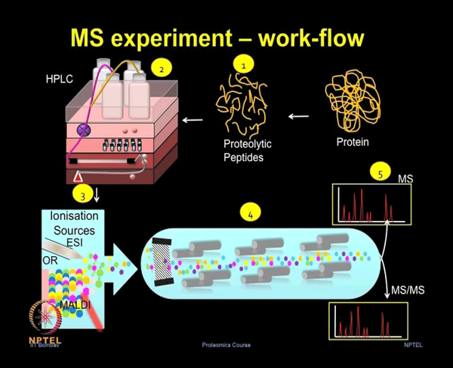These fractions are subjected to an electrical potential which results in spray formation. In ESI, or electrospray ionization, it leads to desolvation and ionization of peptides. The mass to charge ratios are measured in the mass analyzer, which is shown in step 4.